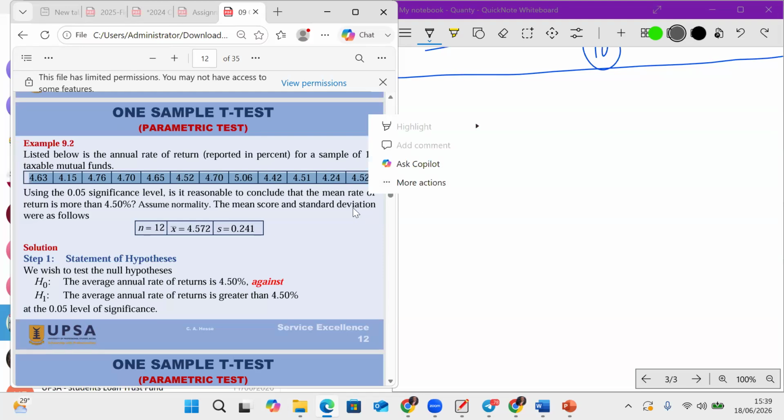Yes, sir. In the exam, they can bring example 9.2. They can bring the same figures. Or here they are 12; they can just cut 2 out and it will be left with 10. And they'll make the sample size 10 and the annual rates 10. Or they can leave the same thing and put a name there.